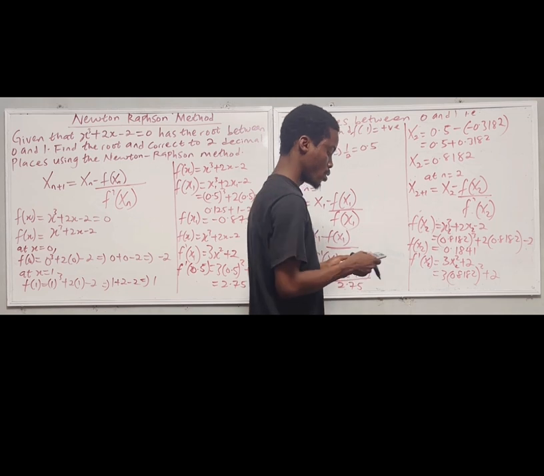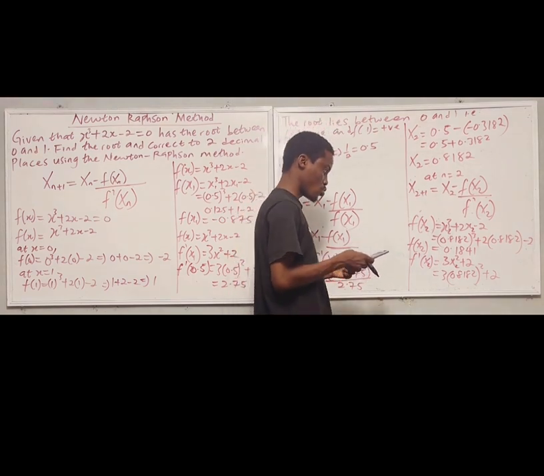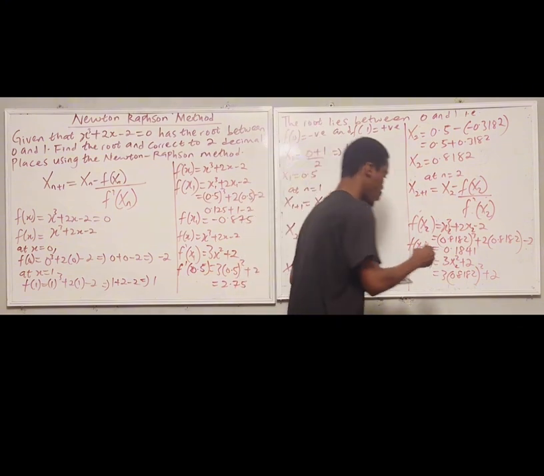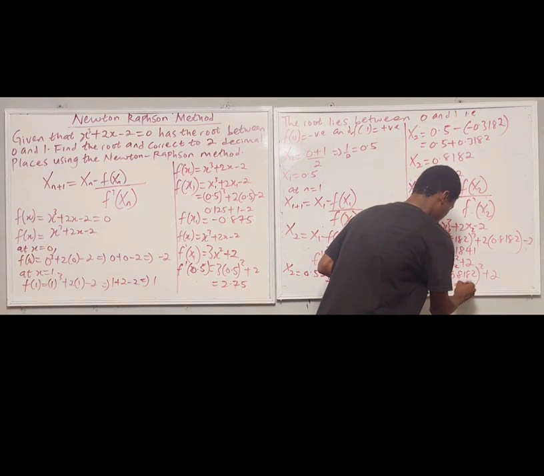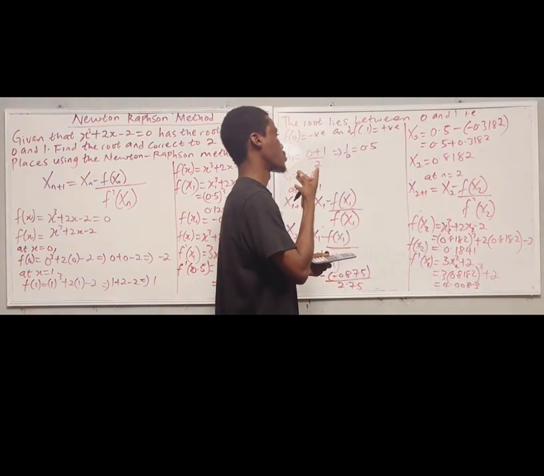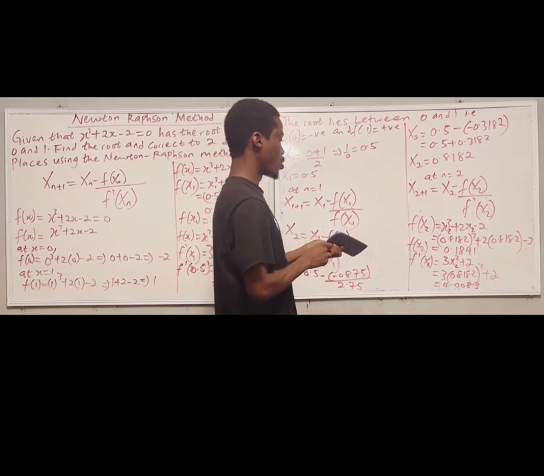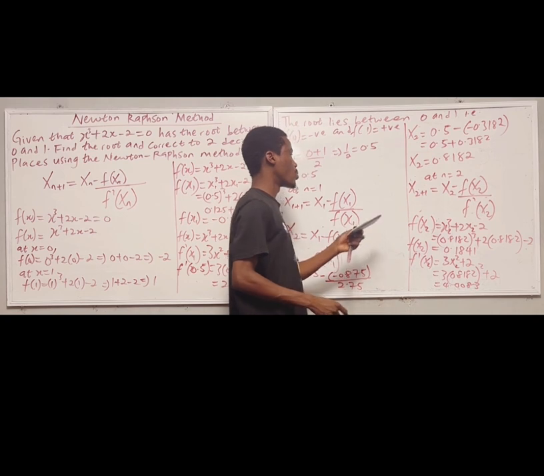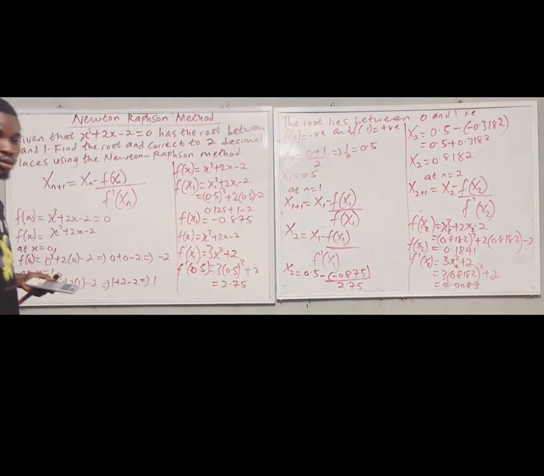If I multiply this, 0.8182 times 0.8182, then multiply by 3 plus 2, I have 4.0083. So I've gotten f prime of S2. I'll just substitute it here. You can take screenshots for this.